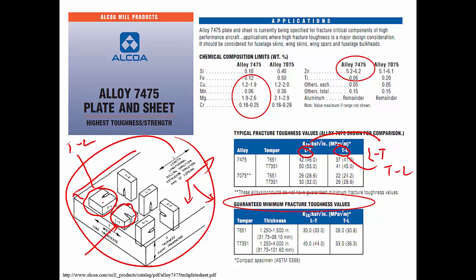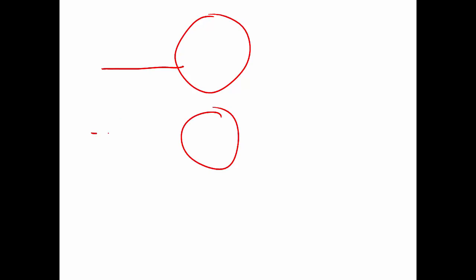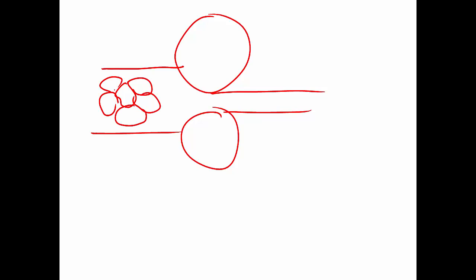And it is interesting to see and think about what the origin of this anisotropy in fracture toughness is, because rolling actually implies two things. Let me try to draw a schematic. So the grains of the material that may be roughly equiaxed before rolling will become elongated after rolling.